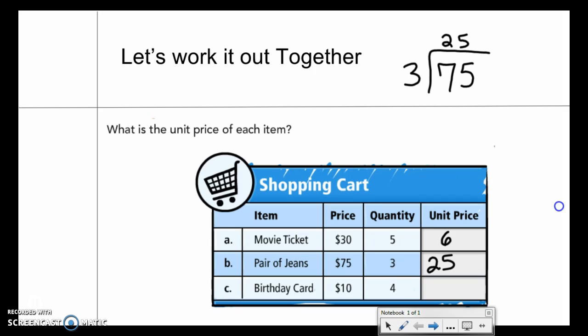And last, you're going and buying a bunch of birthday cards for your friend about cats and stuff. So for $10, you can buy 4 cards. What is the unit price per card?